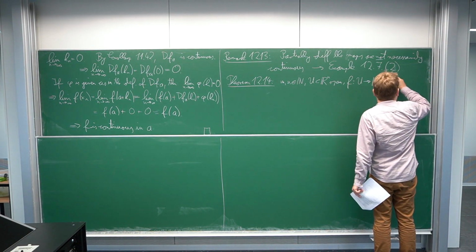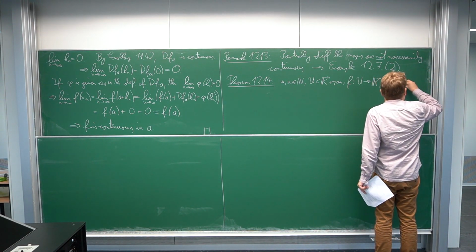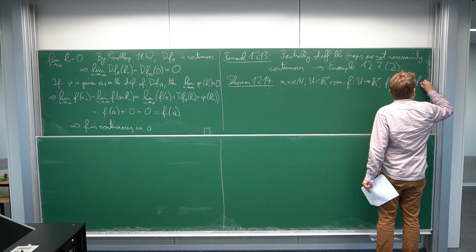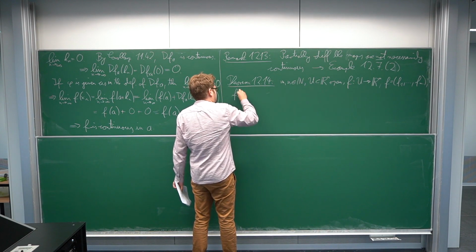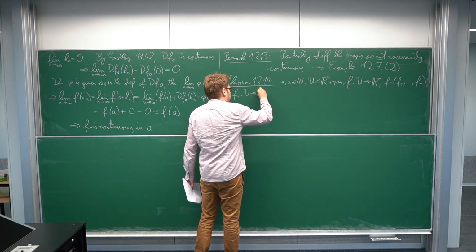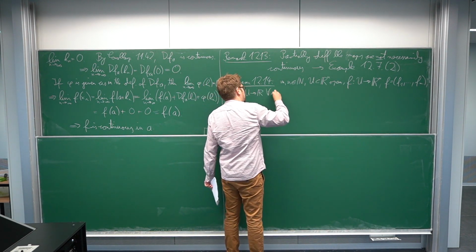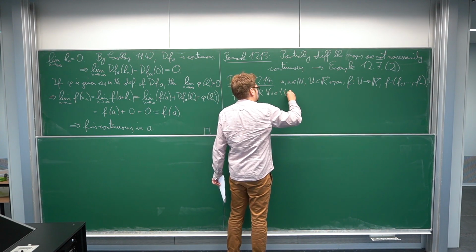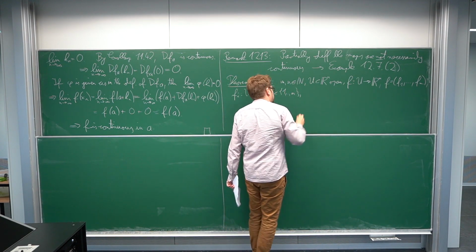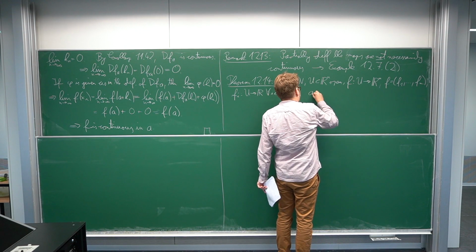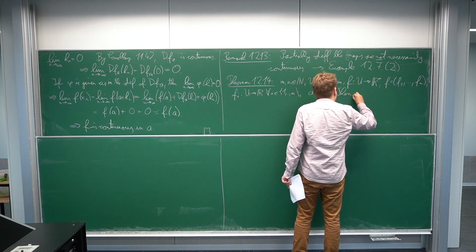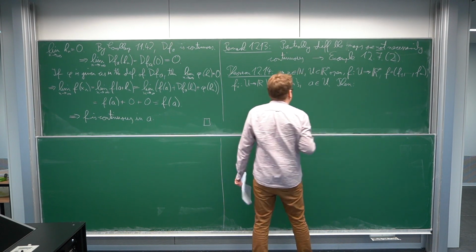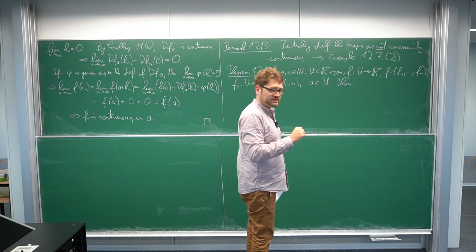So if we write f as f1 to fm, where fi maps from U to R for all i in 1 to m, and assume we have some point a in U, then of course we would like the differential to behave well, and the good news is it does.